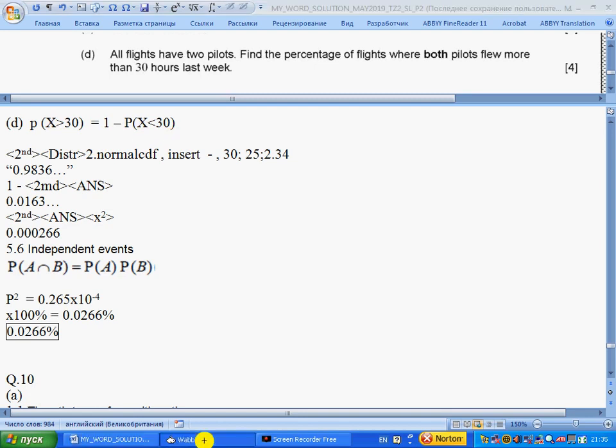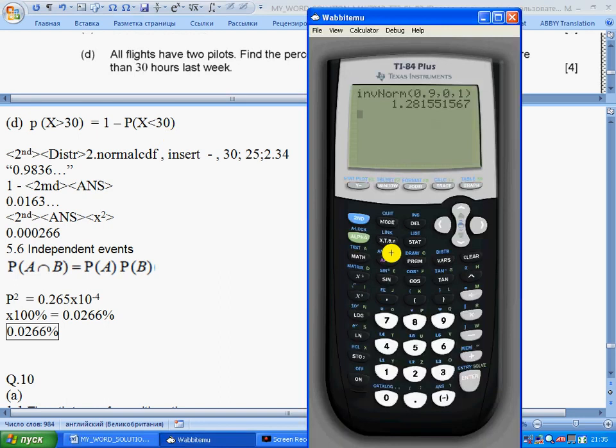So we use the calculator. Second, distribution, normal cumulative, it is 2. So the lower value is very small, so we don't put anything here. Upper value is 30. Mu is 25, so you insert these values.